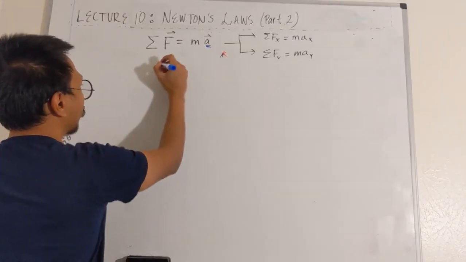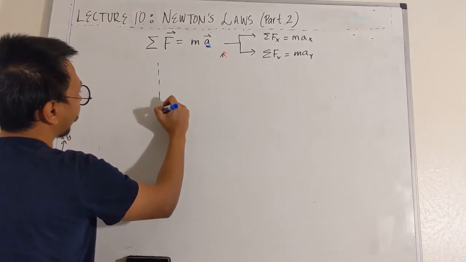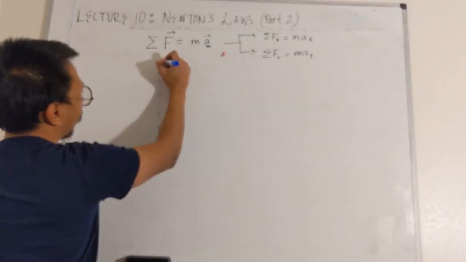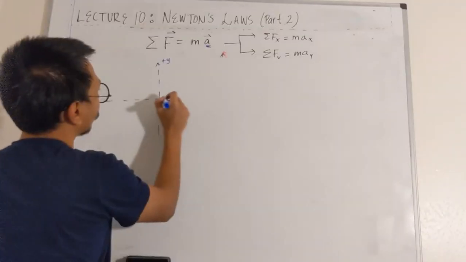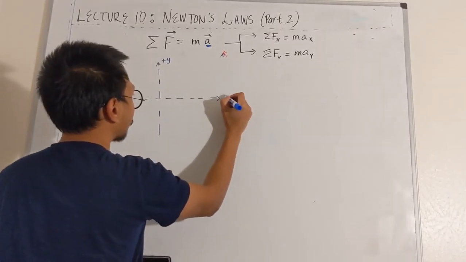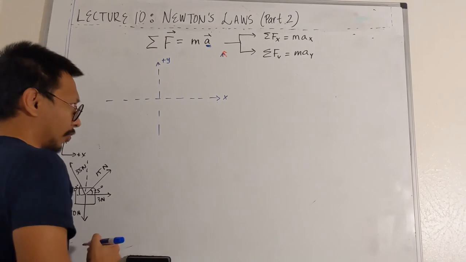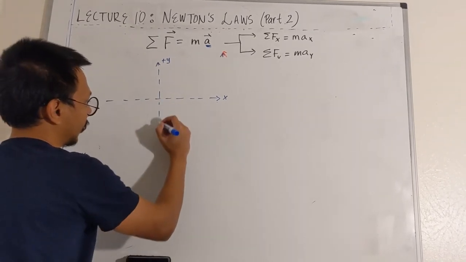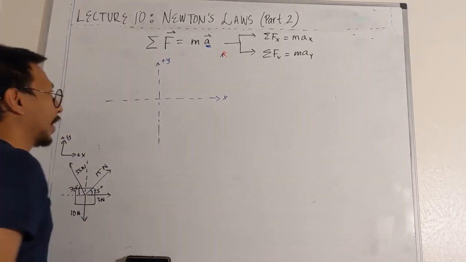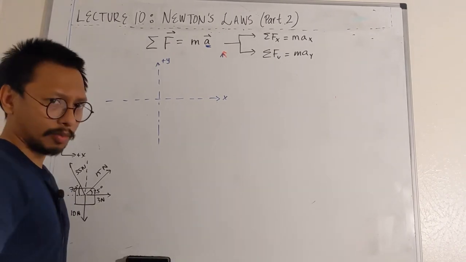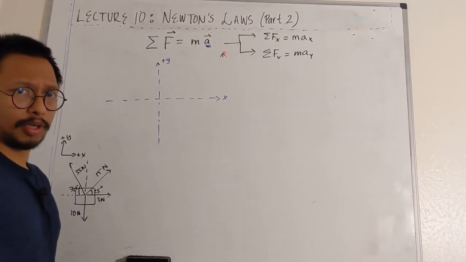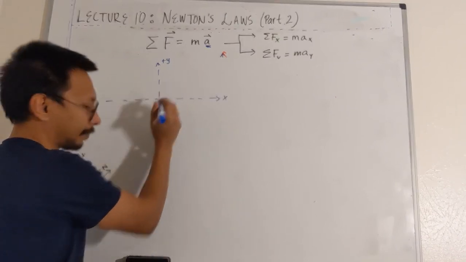So the first thing we do is we draw an axis again. The positive y going upwards and positive x going rightward. This is our axis. Now what were my x and y components of acceleration? The x component was negative 0.75.